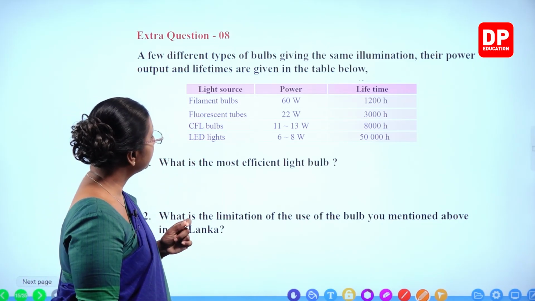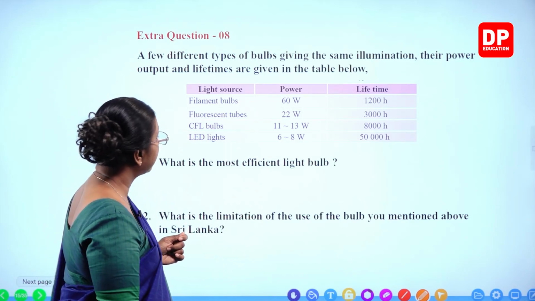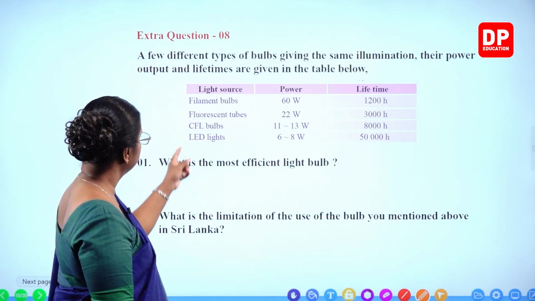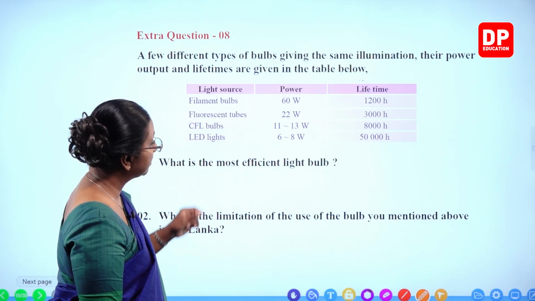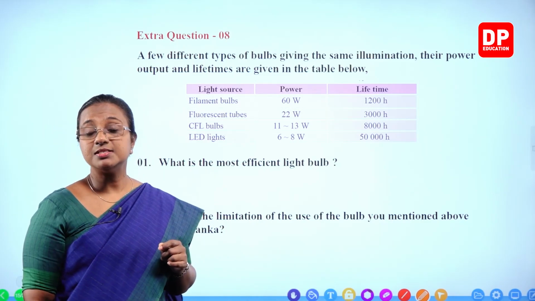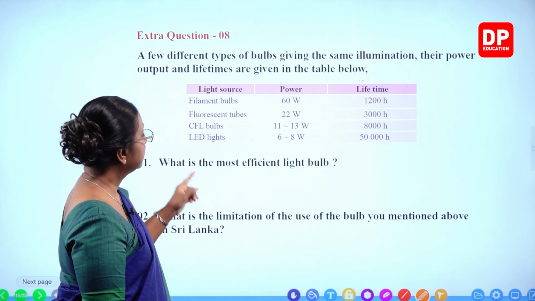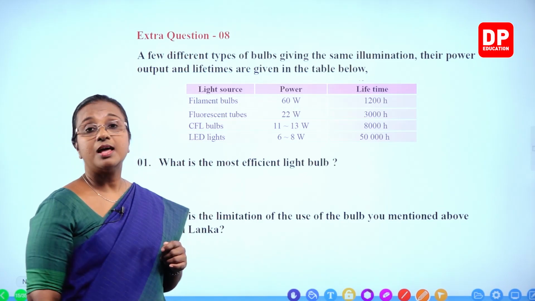Then fluorescent tubes, 22 watts power consumption, 3000 hour lifetime. CFL bulb, compact fluorescent lamps, 11 to 13 watt power and 8000 hours lifetime. Then LED lights, 6 to 8 watts and 50,000 hours lifetime.